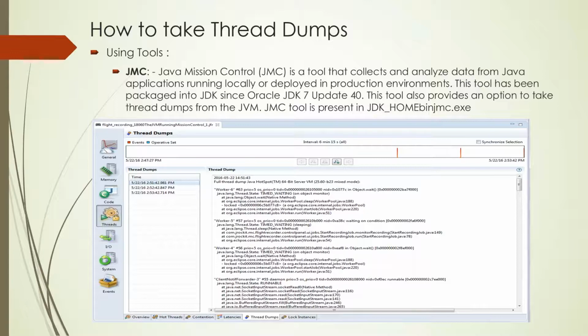So that thread will automatically appear in your thread dump, and you might think that thread is causing an issue. It's not like that. So you have to have an optimal interval between two thread dumps.